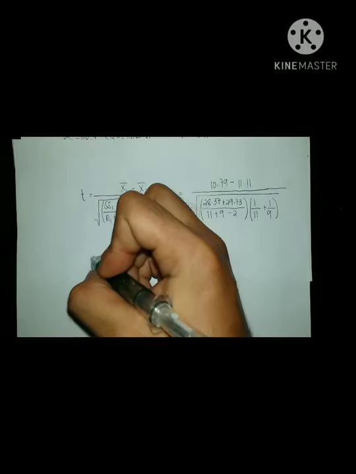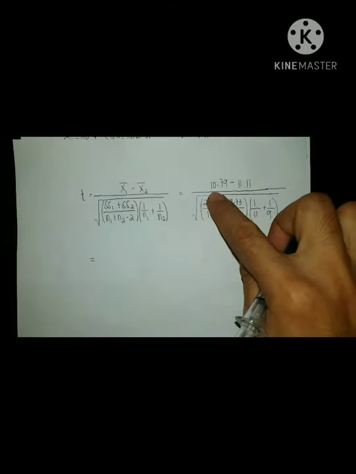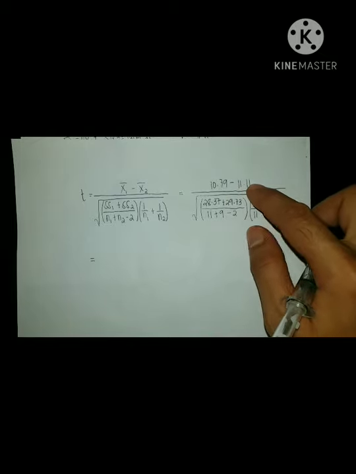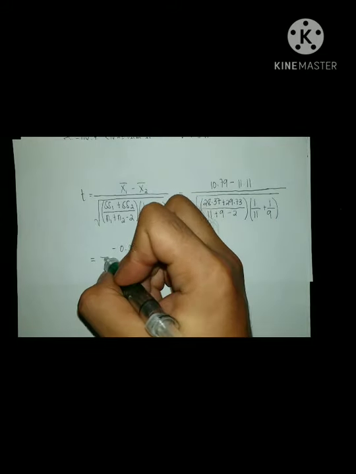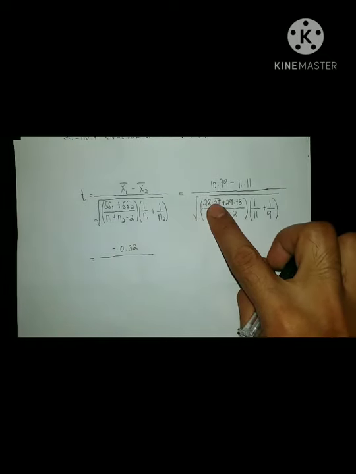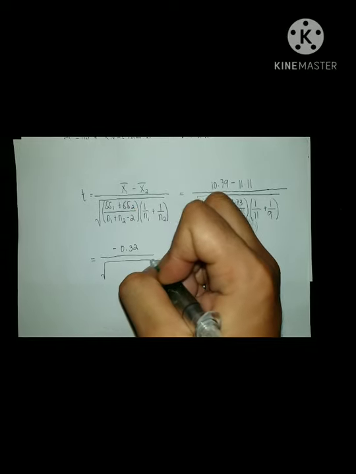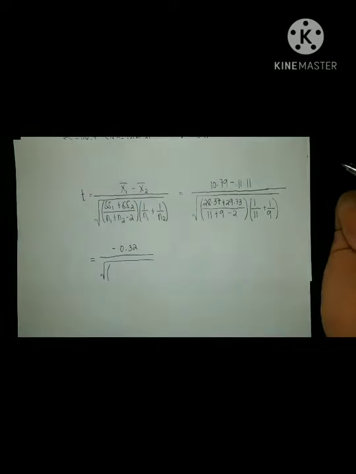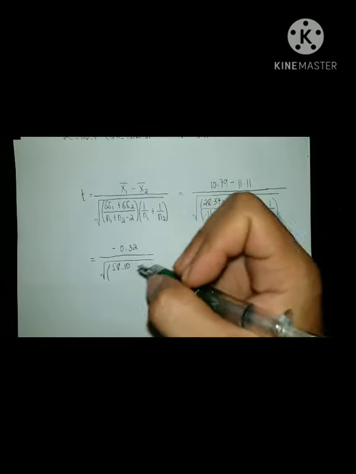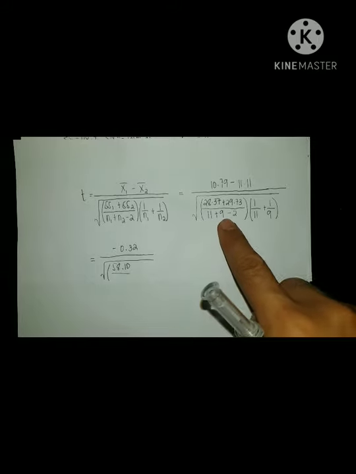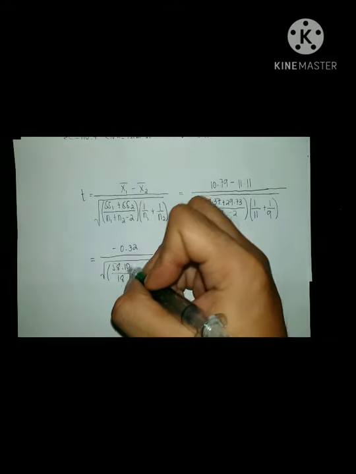So 10.79 minus 11.11 is equal to negative 0.32. Then on the denominator, we have 28.37 plus 29.73, which is equal to 58.10. Then divided by 11 plus 9 minus 2, which is equal to 18.